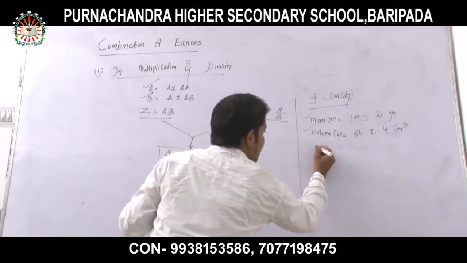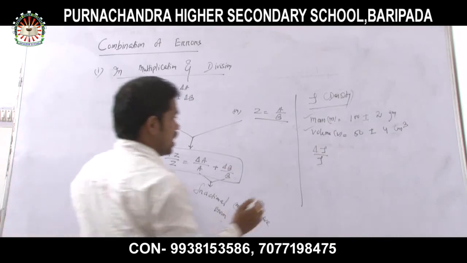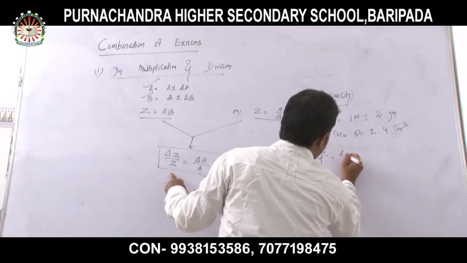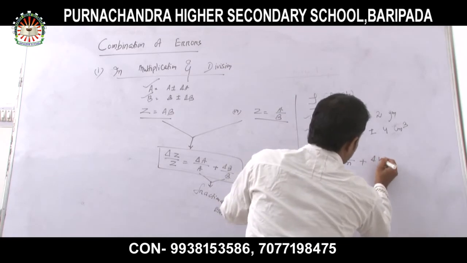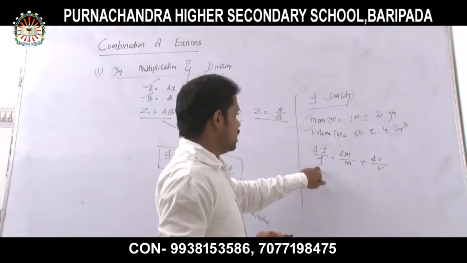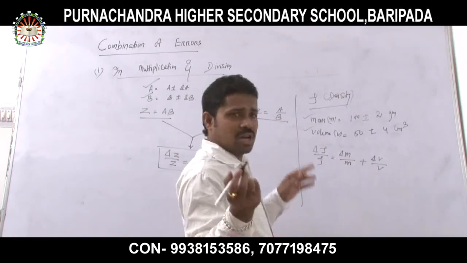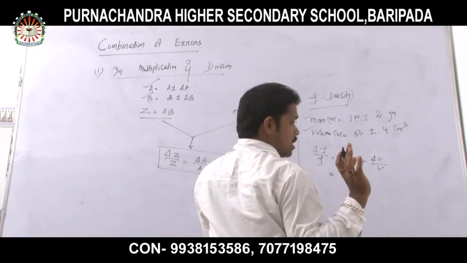What is the formula? Now del rho by rho is equal to del m by m plus del v by v. Very simple. So del rho by rho is equal to del m by m plus del v by v. What is del m by m? Look very carefully.